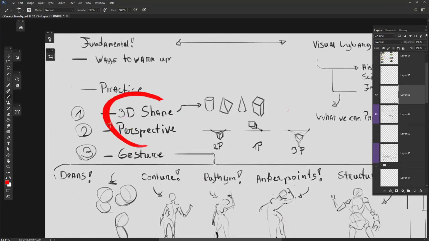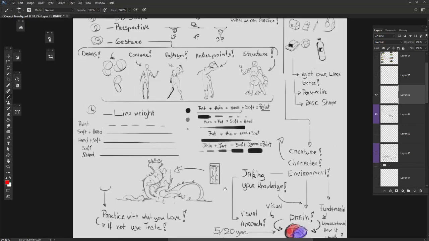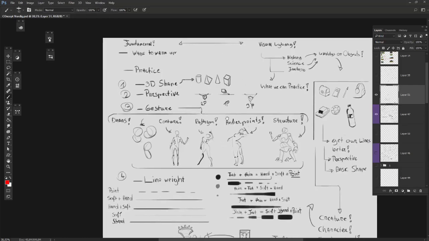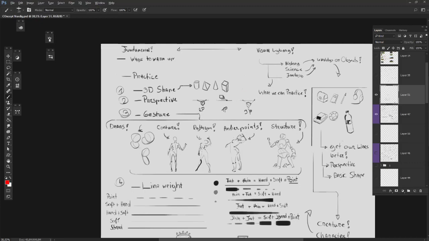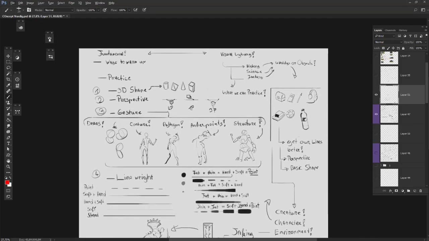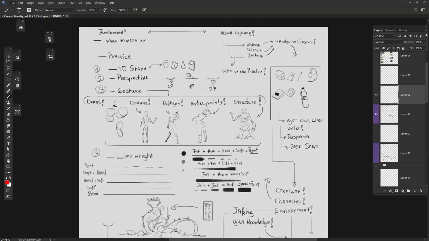Versus my type of thing is warming myself up with those things, which is totally fine. Yeah, I think we covered a little bit more about fundamentals and visual library and how to practice those things.